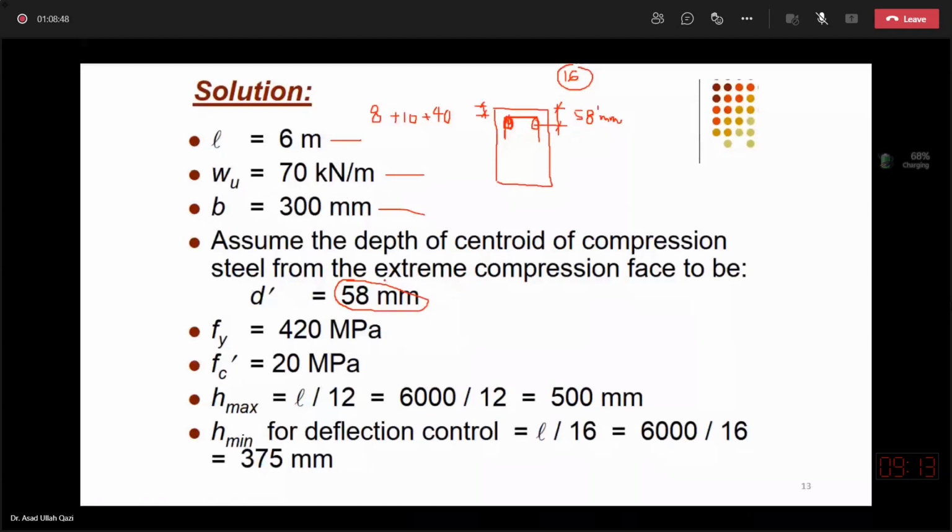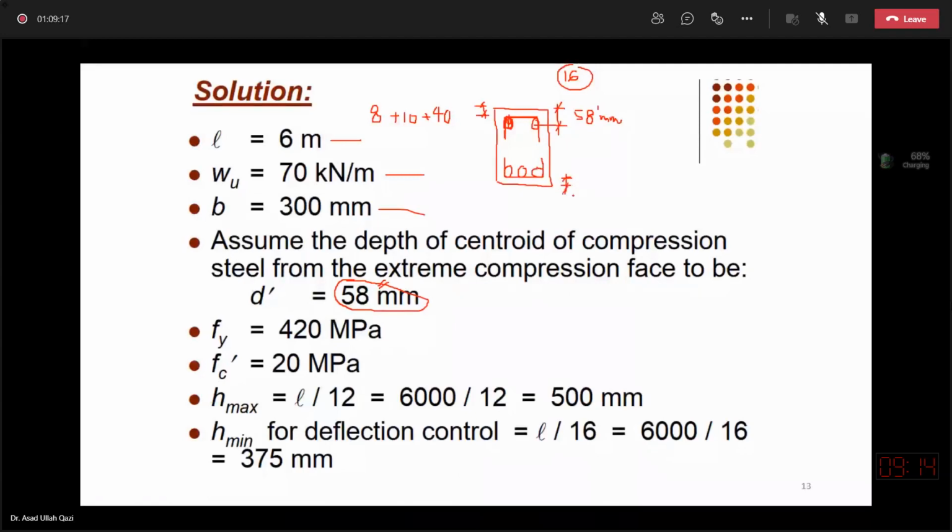And what about tension steel? For tension steel, things are more or less the same. If the layer is single, I will have further ties enveloping the steel, so I will have 40 plus 10, plus the half of the dia of the first layer. In this way I may get 65 or 60 or 75.